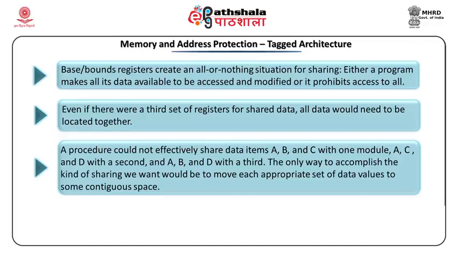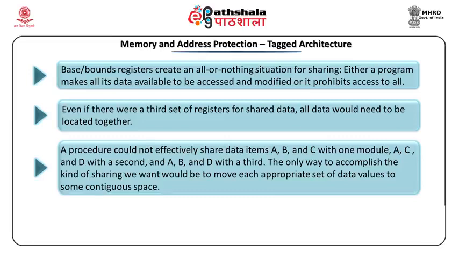The only way to accomplish the kind of sharing a procedure wants to do is to move each appropriate set of data values to some contiguous space. It says that if you want to share the A, B, C area with one module, then A, B, C should be contiguous and kept together. A, C, D with the second, then they should be grouped together and kept.